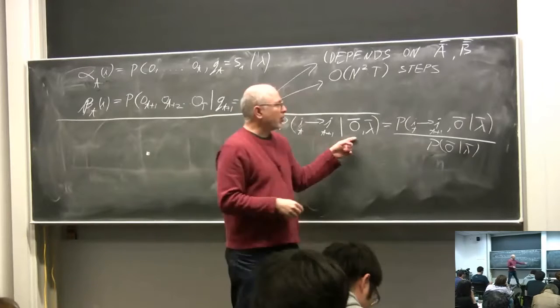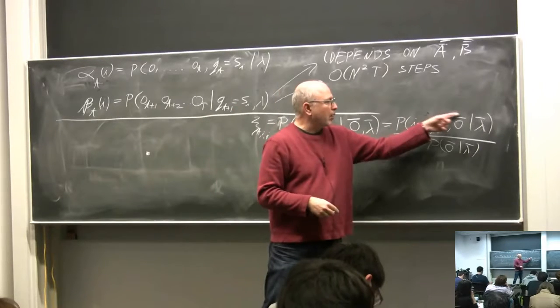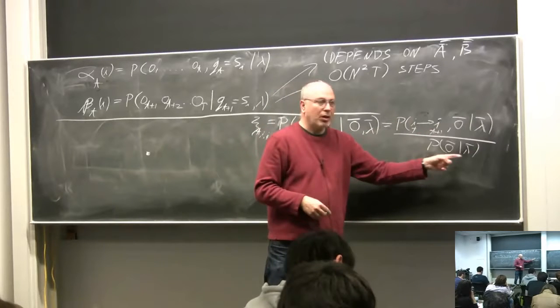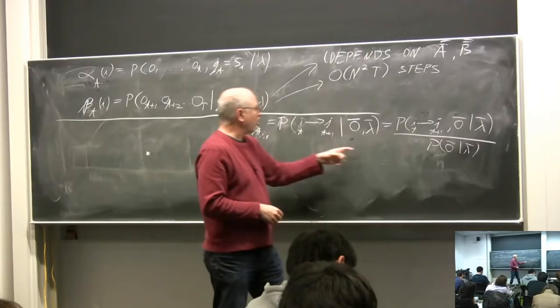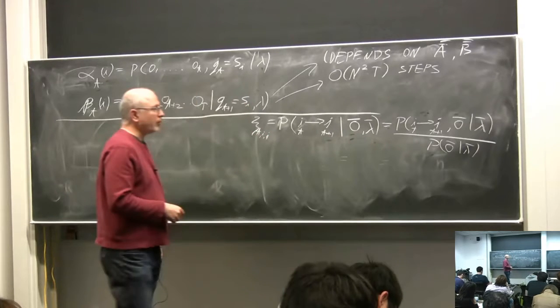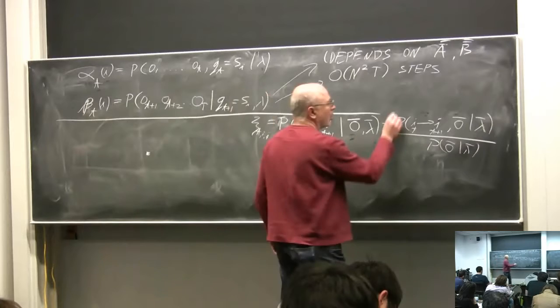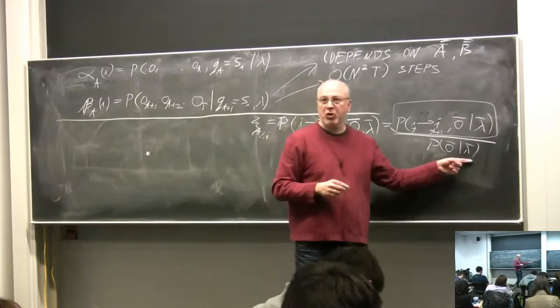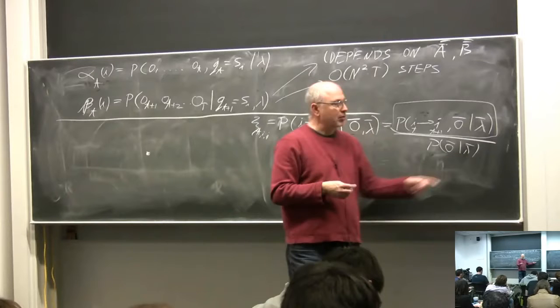If you move this over, you can write this joint probability as first the probability of this part given the model, and then the probability of the second part given this and the model. It's chain rule. So now I'm going to focus on this part. This part, by the way, is the solution of the alpha table.